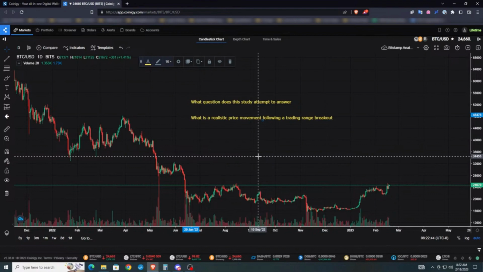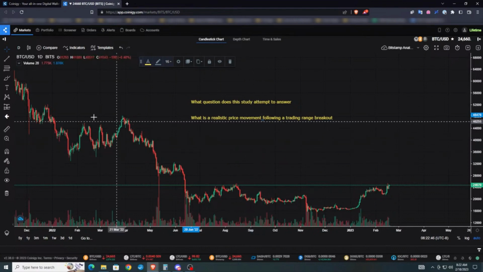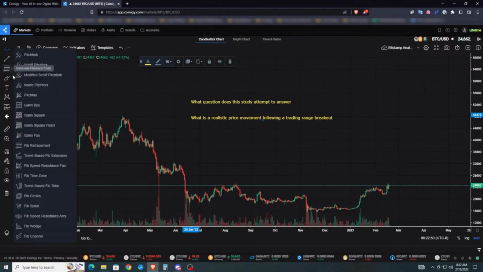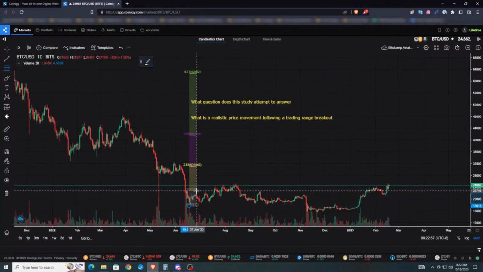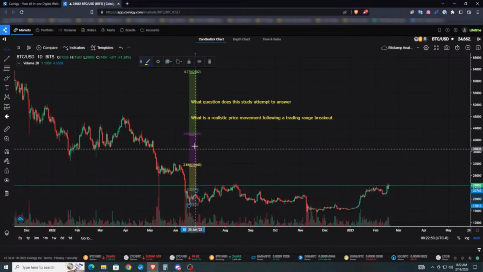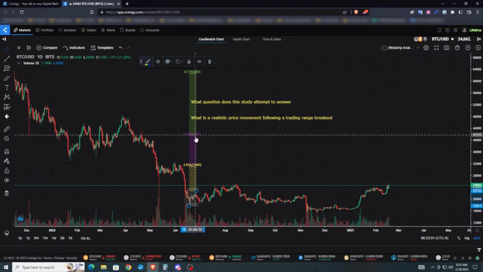So, how do we draw this study? As I said, third study down, we're going to select the Fibonacci retracement tool. But as you notice, when I draw this, these are not retracement levels, these are extension levels.